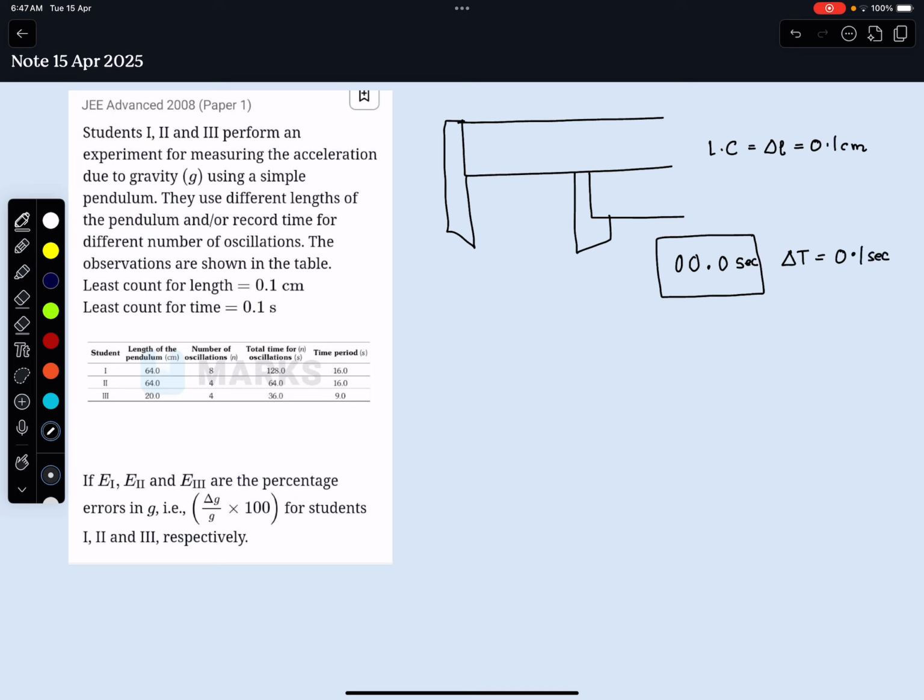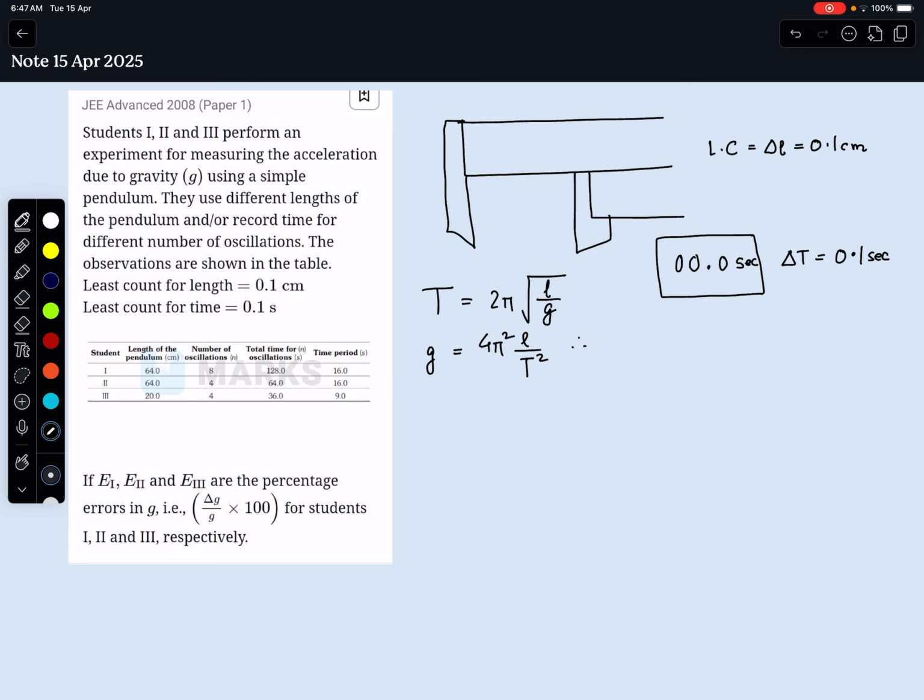Now it's given that E1, E2, E3 are percentage errors in G. Now the equation is T equal to 2 pi root over L by G. So we can write G is equal to 4 pi square L by T square.